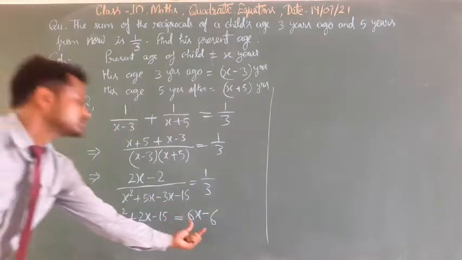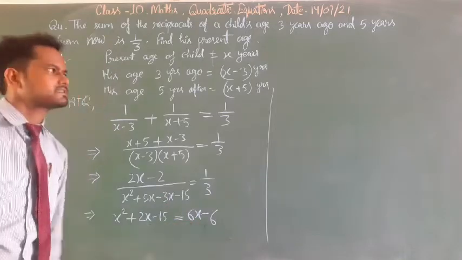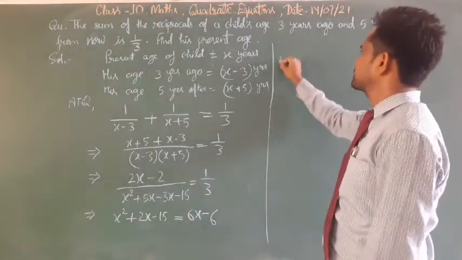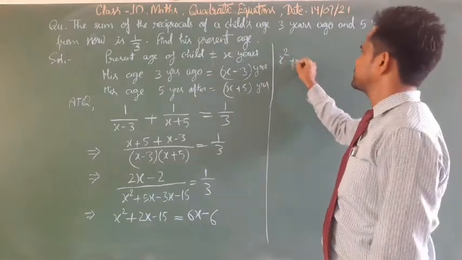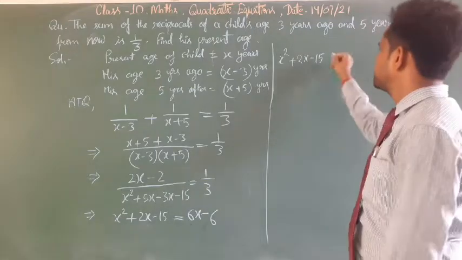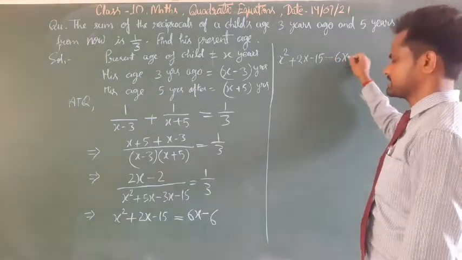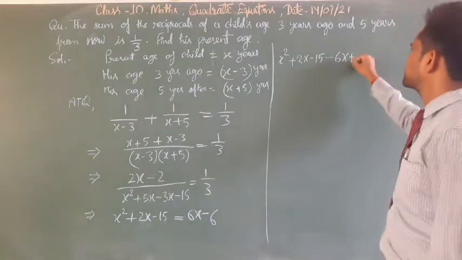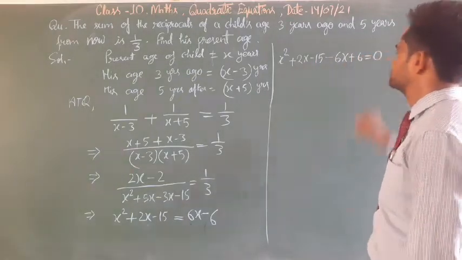Now transpose this term to the left hand side, you get x square plus 2x minus 15 minus 6x, minus 6 becomes plus 6, is equal to 0.